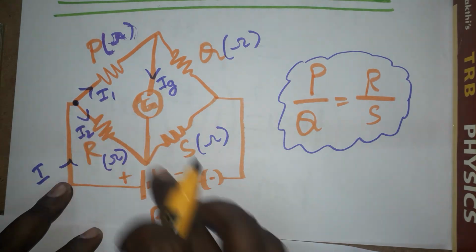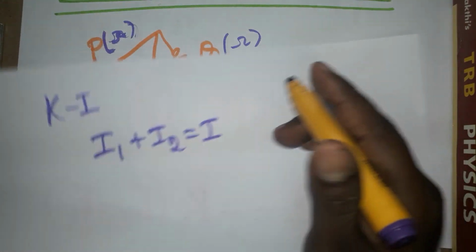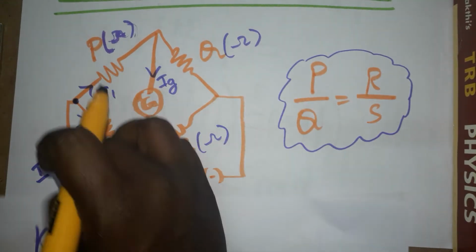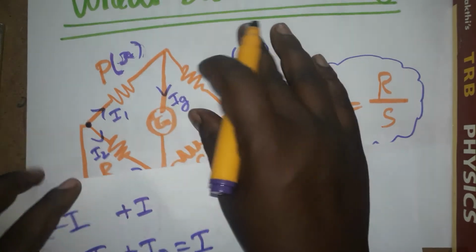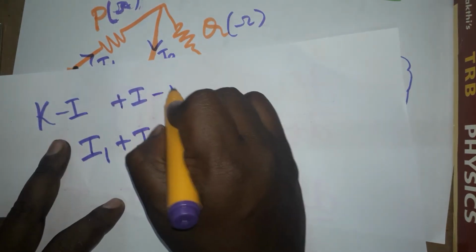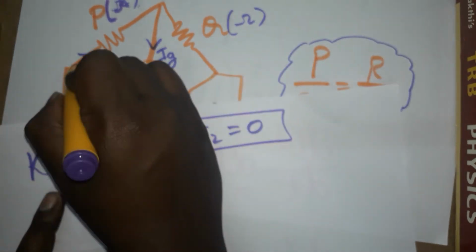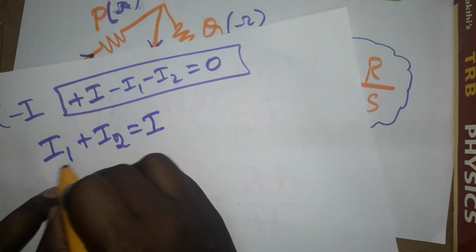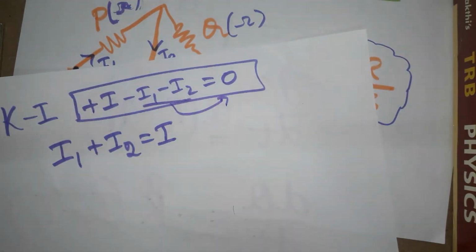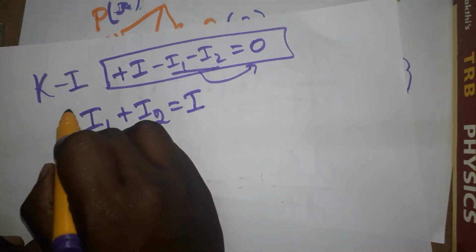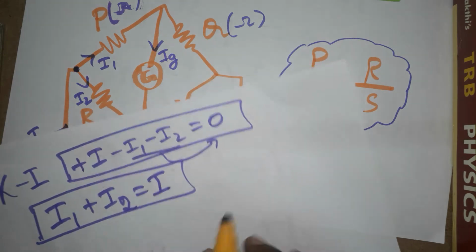Coming towards the junction we take as positive, going out as negative. So plus I, minus I1, minus I2 is equal to 0. So I is equal to I1 plus I2.